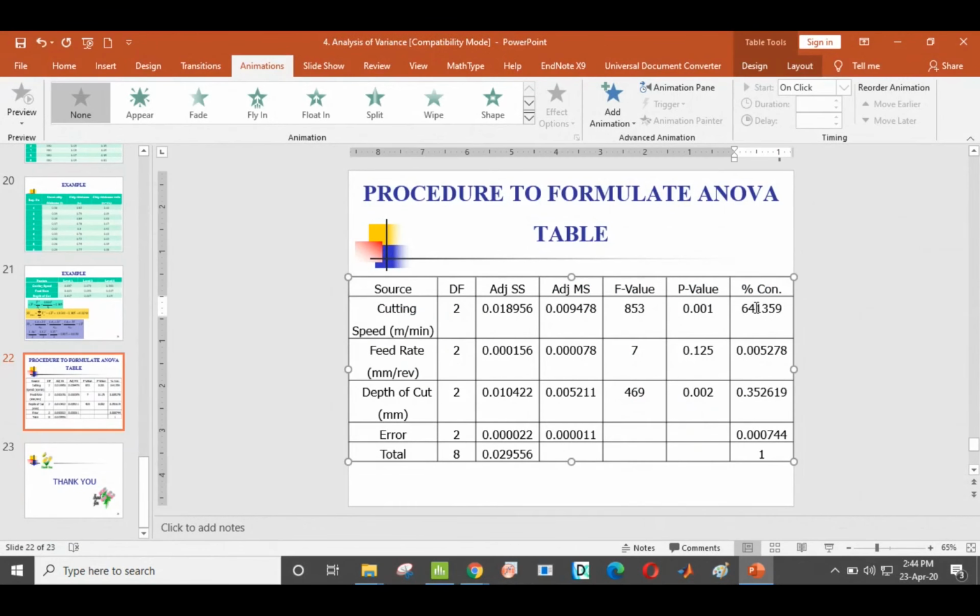So it is around 64 point. Put together it is 100.